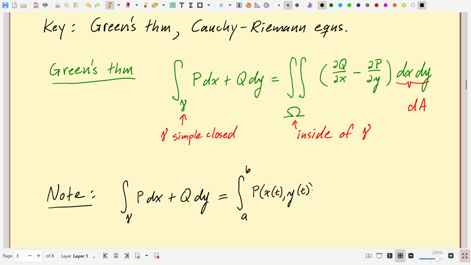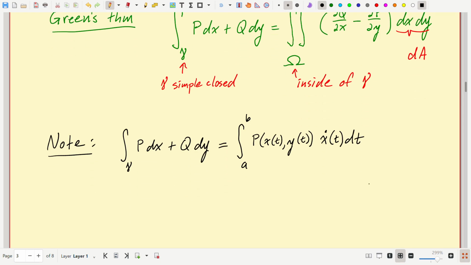Those are parameters for the curve, and that's what the dx stands for.